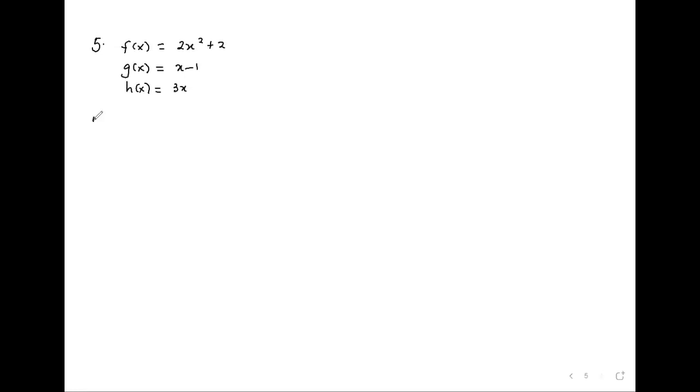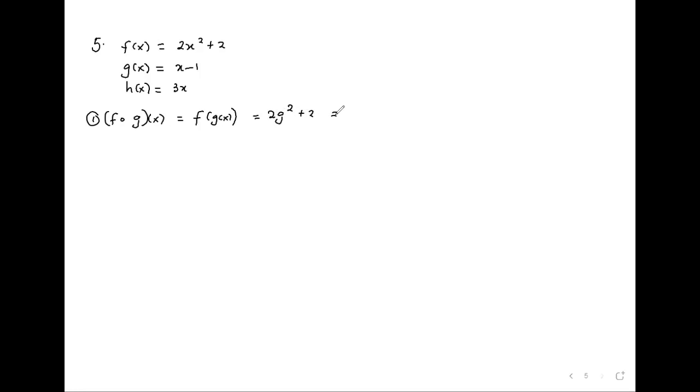What do we find? Find f of g of x. The first step here is to take g in f, meaning you go to f, where there's x, you take g.